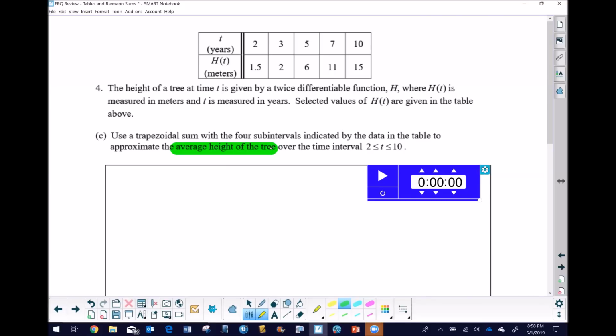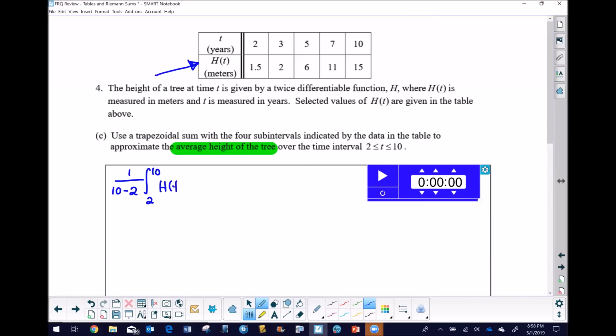The average value of the function called height. Do you all see where I'm going with this? The average value of h on the interval 2 to 10. So that is that special 1 over b minus a times the integral from 2 to 10 of h of t.